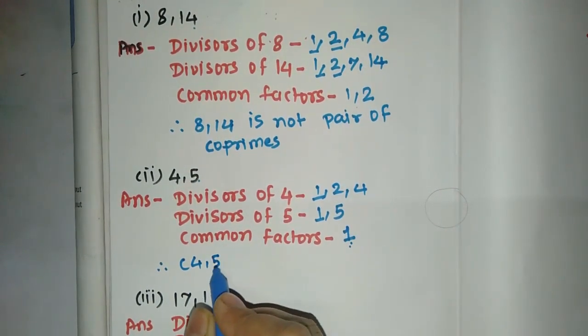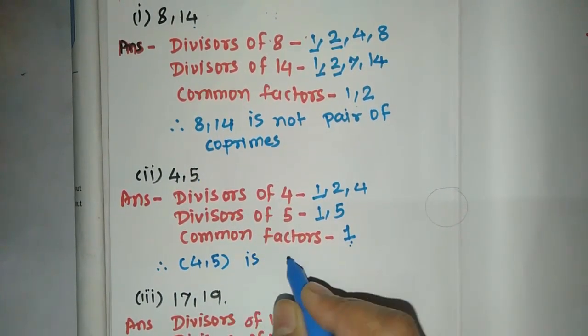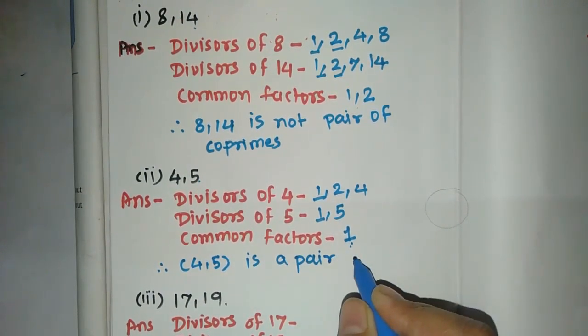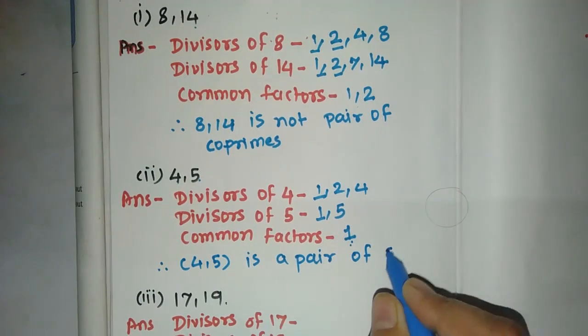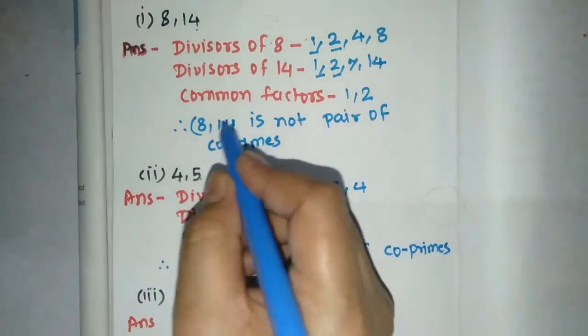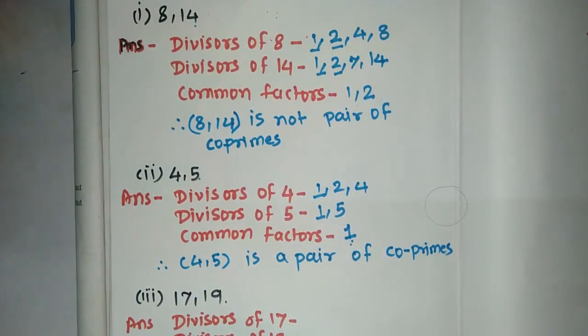So 4 and 5 is a pair of co-primes. You can put the bracket also.